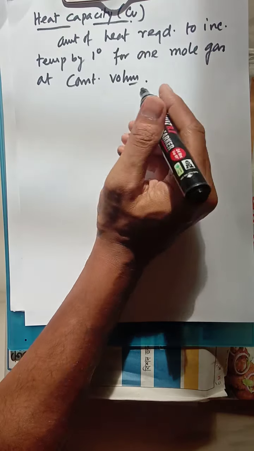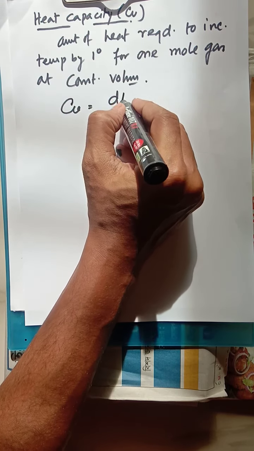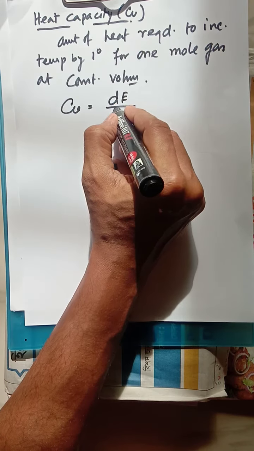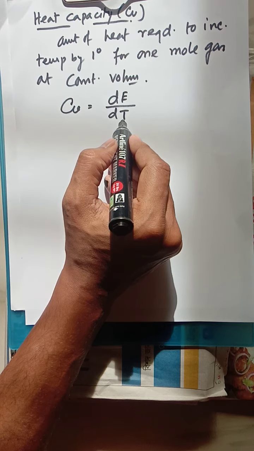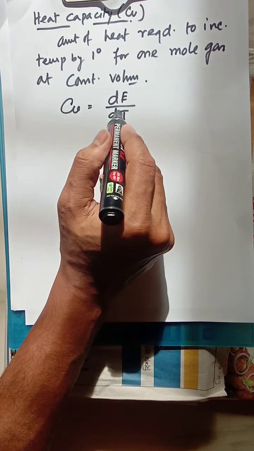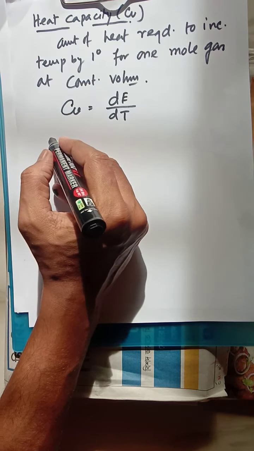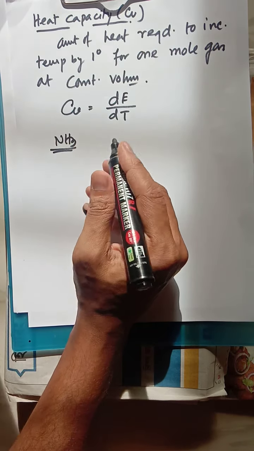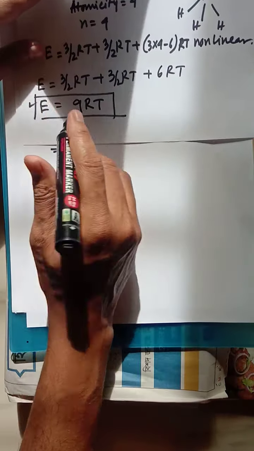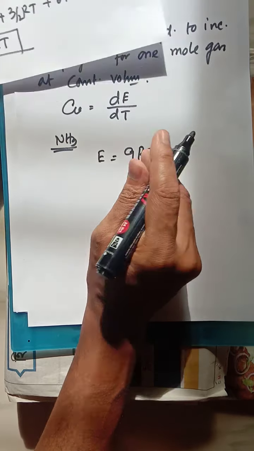Heat is also energy. So Cv can be calculated this way: Cv equals dE by dT. That means the amount of energy change divided by the amount of temperature change. Now for this question, NH3 is the molecule and the energy I calculated is E equal to 9RT.